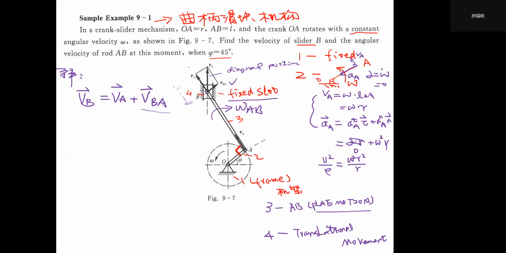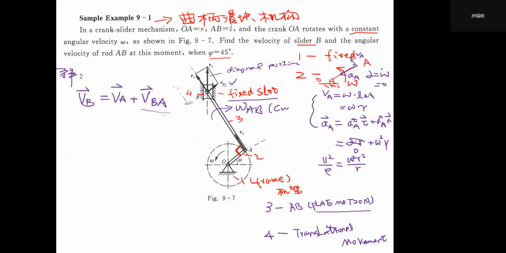We rotate this AB line by 90 degrees along the direction of omega AB, and then we get VBA. Since VBA is already here, we know we have to rotate this AB line around B in the CW direction. So omega AB must be CW, right? That's how we find the direction of omega AB.